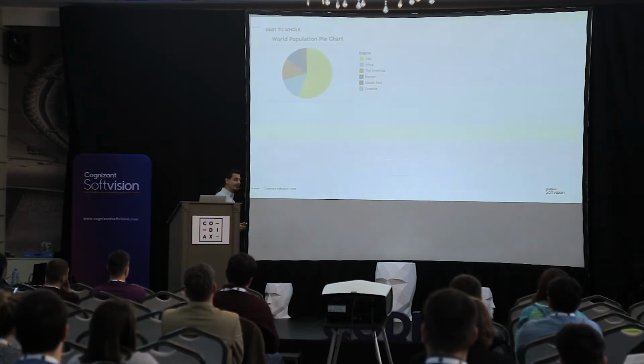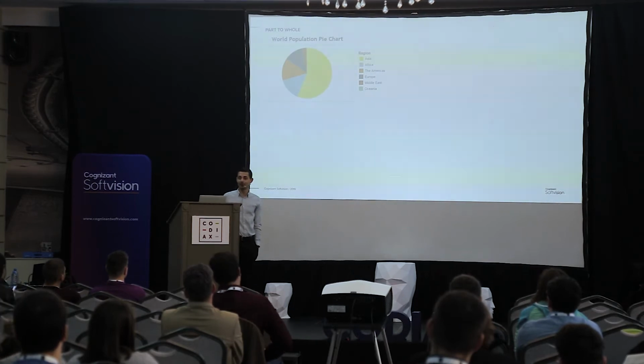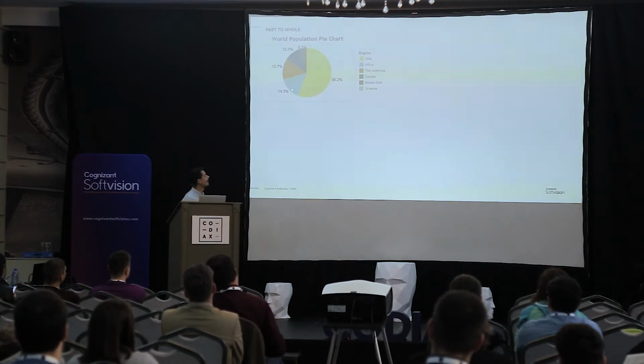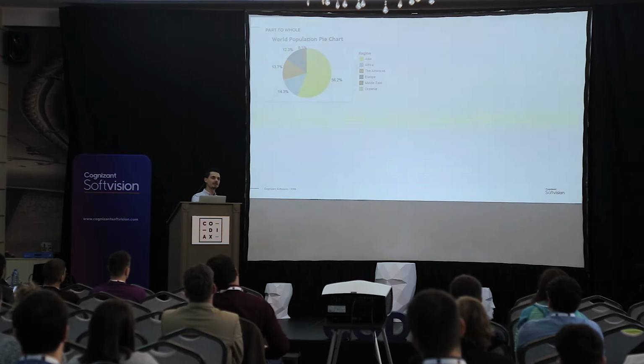You might say Africa because you might think these slices are ordered. But are you sure about that? Maybe the one who created it hasn't ordered the values. So you also need labels on it. So indeed, Africa is higher than the Americas, just slightly. So lots of information, lots of space, lots of cognitive reading.